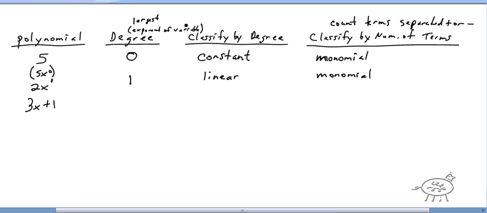We have a 1 here, but we also have a 3. Well, the 3x to the first, that's the highest exponent, so that's degree 1. So that's also linear. And now there are two terms. If mono means 1, bi means 2. So it is a binomial.